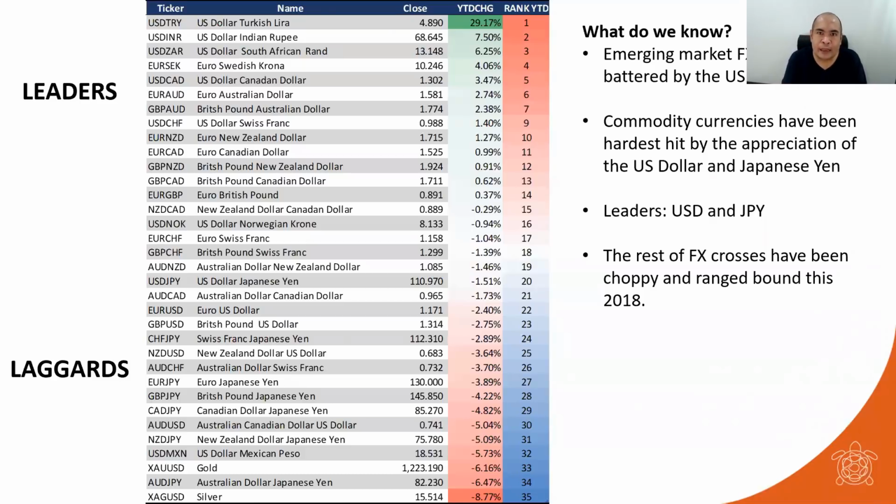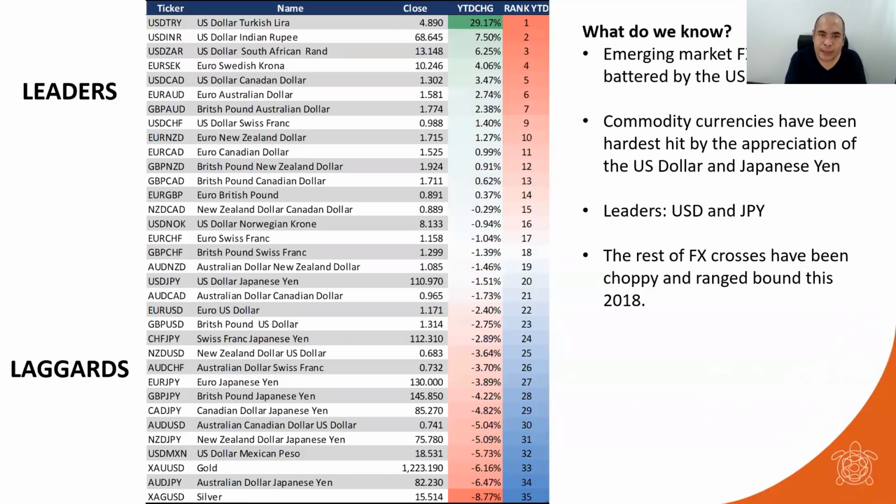If you drill down a little bit, what you realize is that the sell-off in Turkish lira filtered through some emerging market currencies like the Indian rupee and the South African rand. These are the other two worst performing emerging market currencies. And then you can drill down the line. On the other hand, you can flip it. You can look at which currency pairs were underperforming year to date.